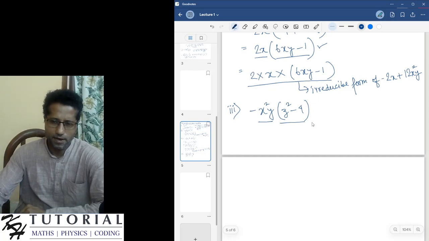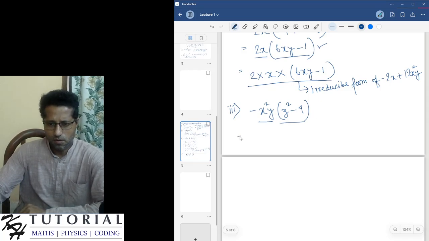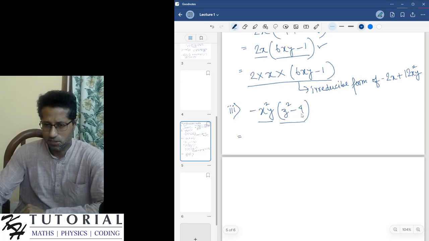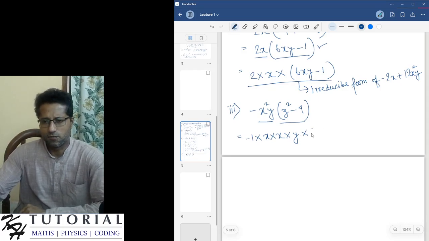We can further create factors from x square y. So the irreducible form will be minus 1 multiplied by x multiplied by x, multiplied by y, and then we factorize z square minus 4 as z minus 2 and z plus 2.